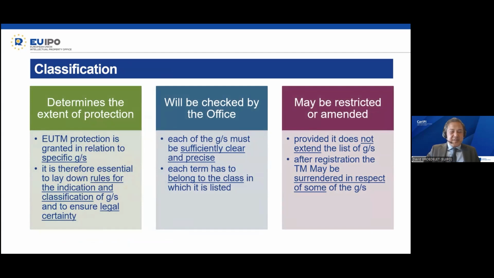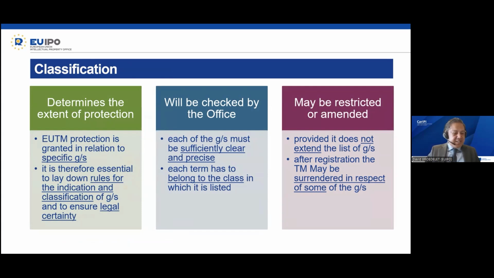All right, so why is classification important? It is important because the protection is granted in relation to specific goods and services. So it is always for certain goods and services.